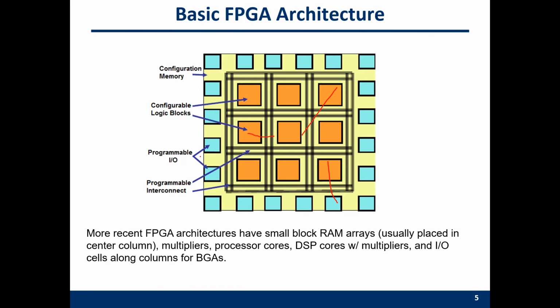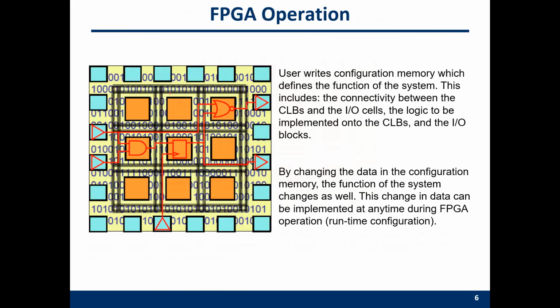And then we also have some programmable I/O interface. And these interfaces can help you to connect this FPGA board to some other dedicated circuit. So here is one example.